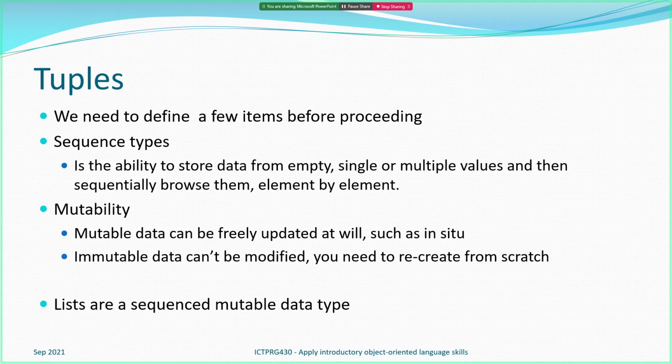This means we can update a value in situ. In other words, we don't have to pull it out and redefine it. So we have information that we can modify and information that we can't.